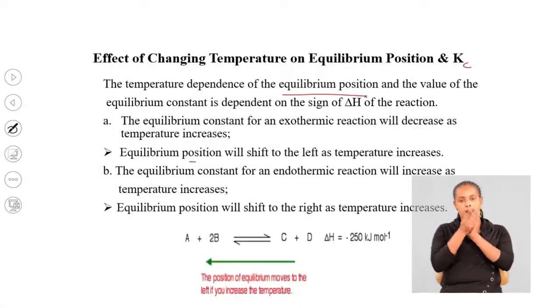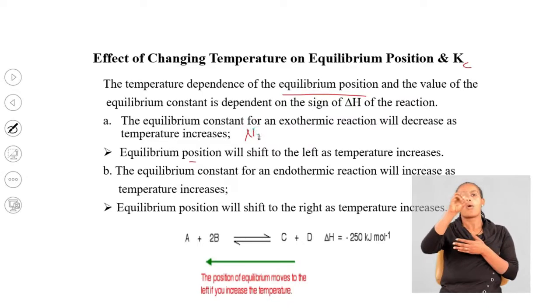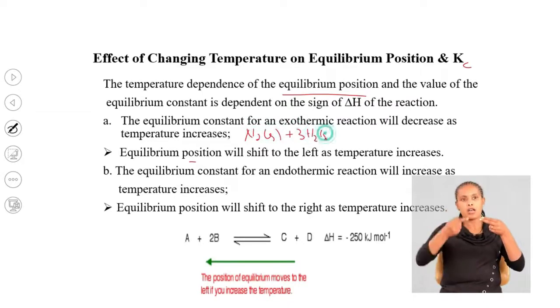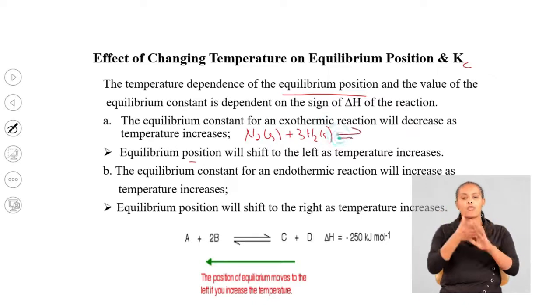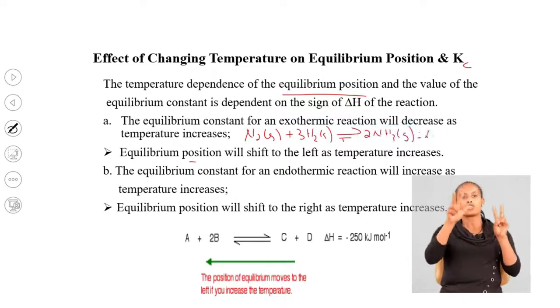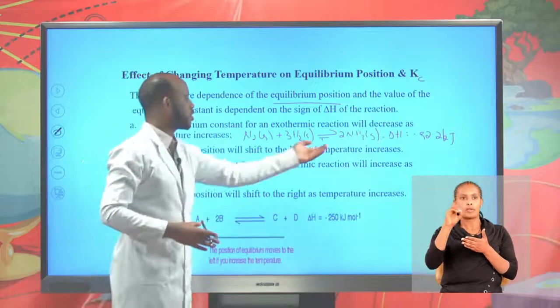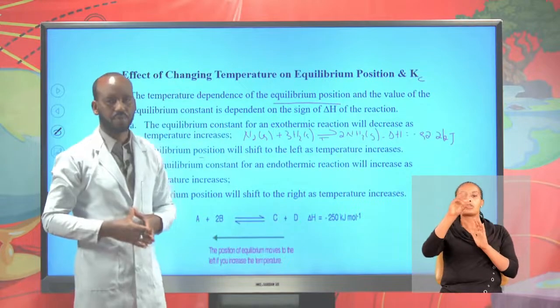For example, take this reaction, formation of ammonia from its elements, nitrogen gas plus 3H2 gas to form 2NH3 gas. Delta H for this reaction is minus 92.2 kilojoules. The forward reaction is exothermic. The reverse reaction is endothermic.